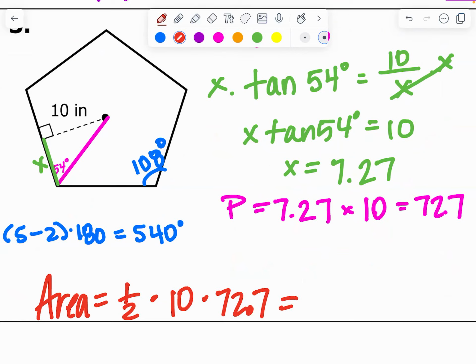What'd you get? I used the answer from before using the answer button, but that got me 72.64, and I told you that's fine. Because when you take that times 10 times 5 and you round to one decimal place, you get 363.5.